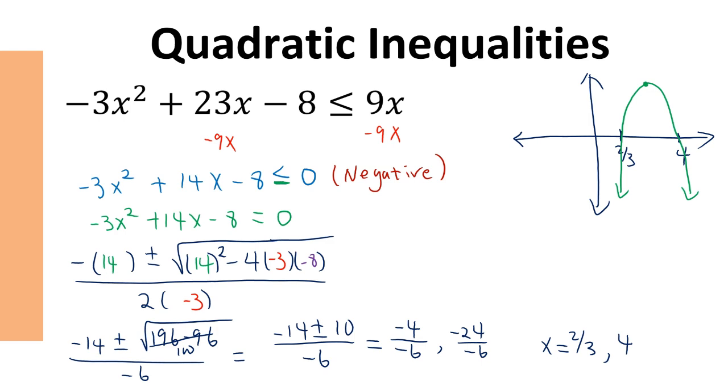Again, because my inequality is less than or equal to 0, we want the negative portion of the graph. The negative part of the graph is where the graph is below the x-axis.